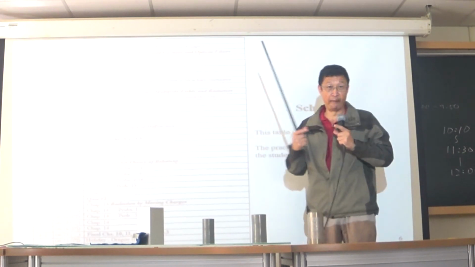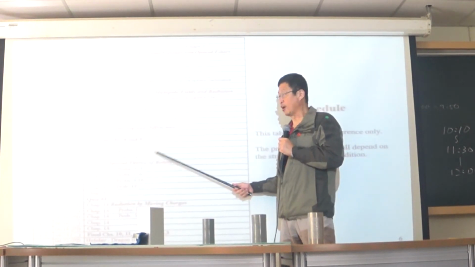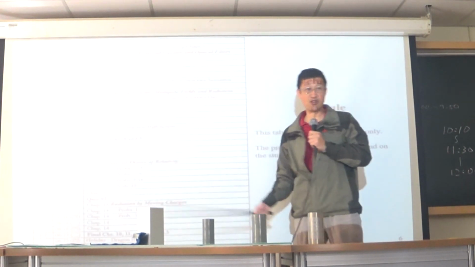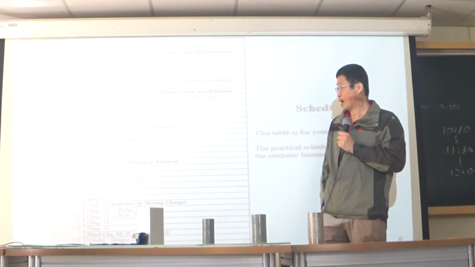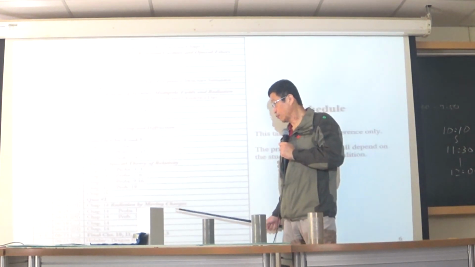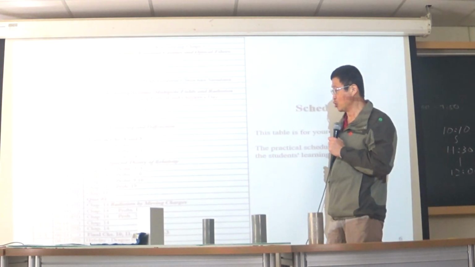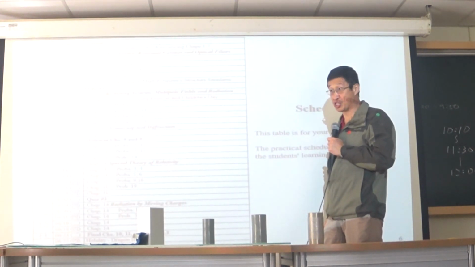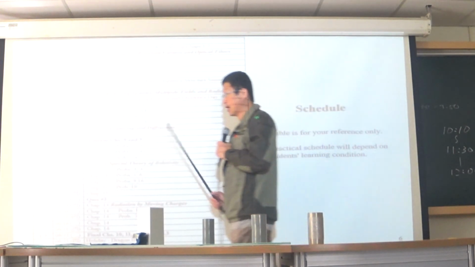You can compare the description of Jackson and the description of Griffiths side by side and have a better understanding. Last one, chapter 14, we will talk about radiation by moving charges.